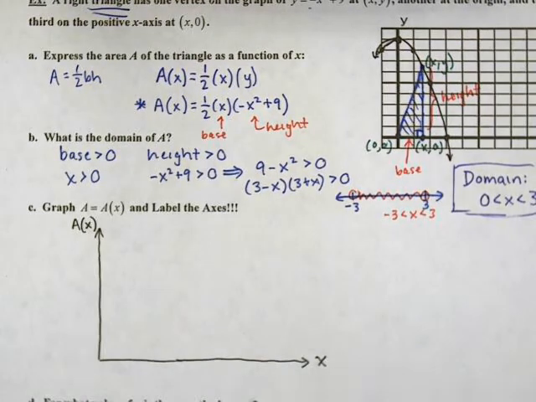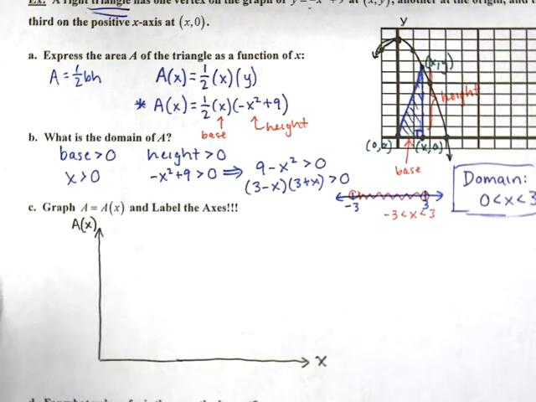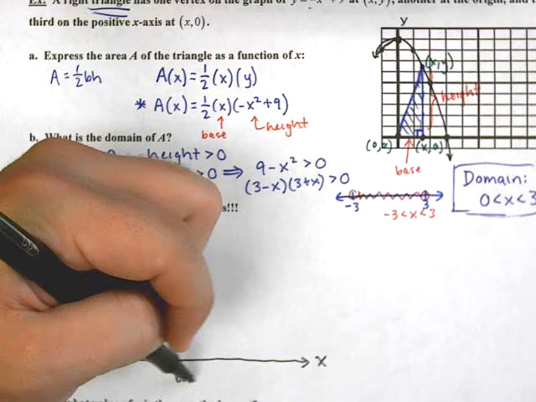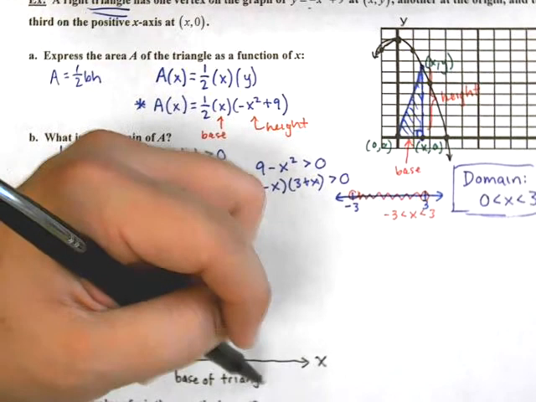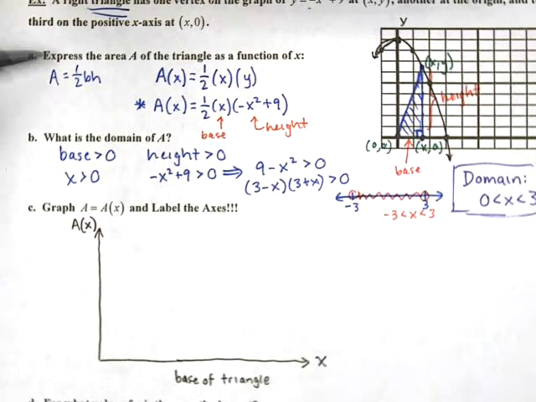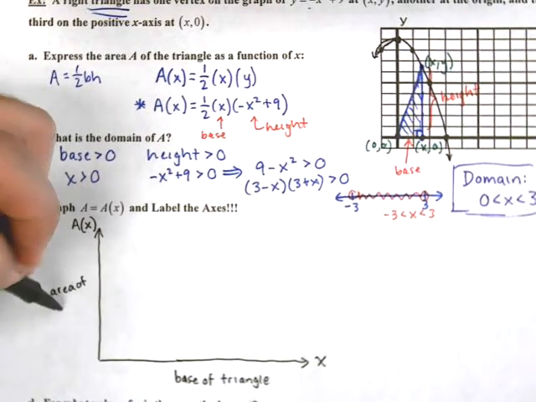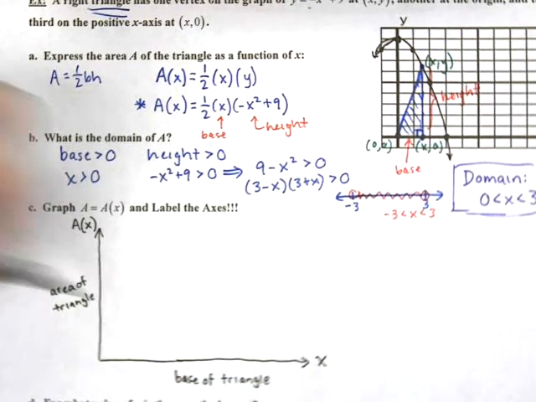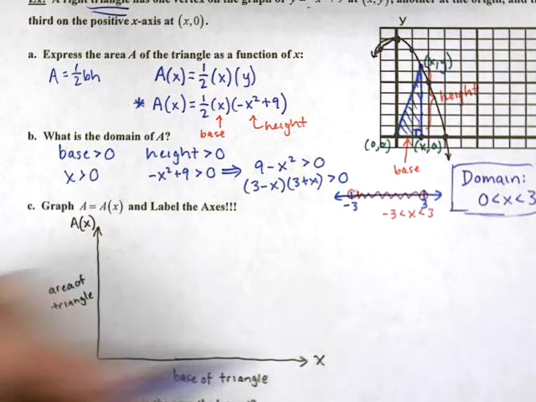Similarly to the other problem, x is still just my base value, right? That's what we said above. So this is my base of the triangle. And over here, A of x, that's my area equation. It's the area of a triangle. Now nicely, we already know what we can do along the x-axis.